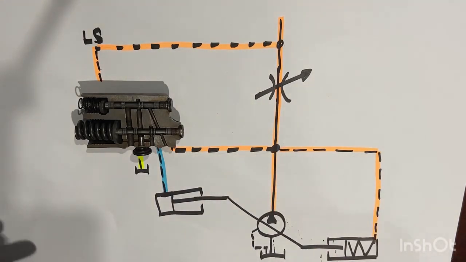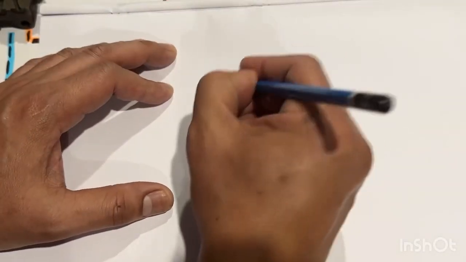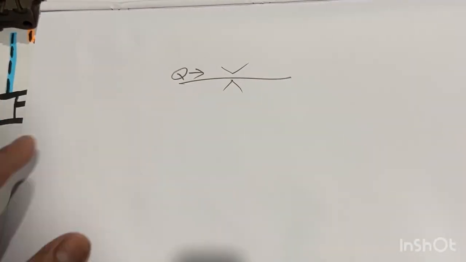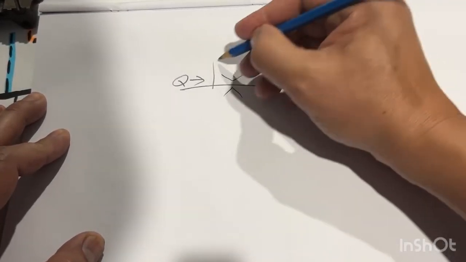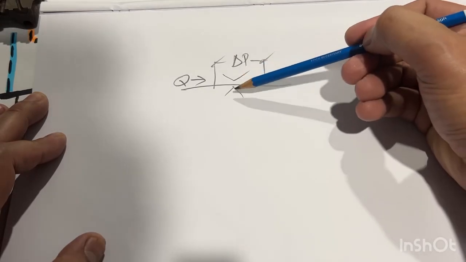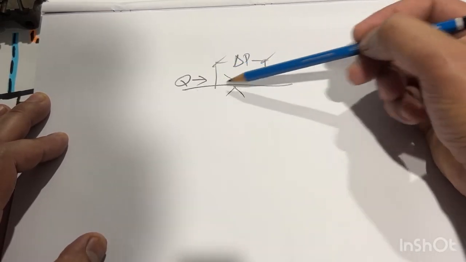So why does that happen? Let's put an example. This is what happened, guys: the principle of Bernoulli's formula. Let's say you have your orifice here, and you have your flow across that orifice. This one here is your delta P. The smaller the area, the higher the delta P because of the flow rate coming.